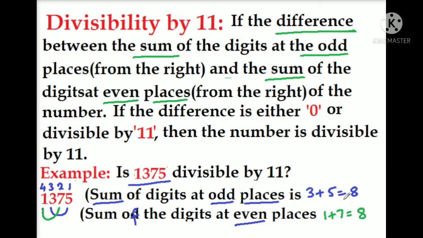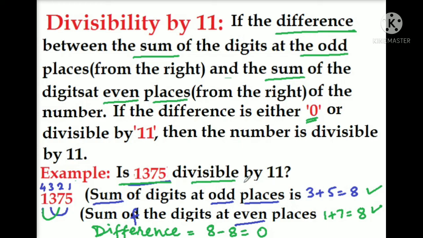Now we will subtract these sums. 3 plus 5 is 8 and 1 plus 7 is 8. So we'll get difference is equal to 8 minus 8 is equal to 0. Since the difference is 0, therefore 1375, this number is divisible by 11. We can write yes in the bracket.